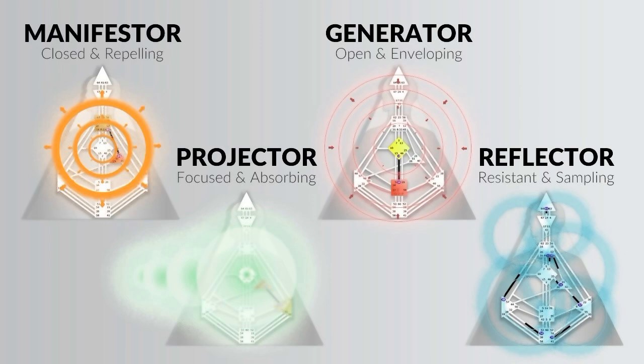That's not what a generator is. It doesn't matter what kind of configurations are in there. A generator is a generator is a generator, which means their aura is open and enveloping, not closed and repelling. So when they play the manifestor role, they get more resistance than anybody else. They get more resistance than manifestors, and more than pure generators trying to be manifestors.